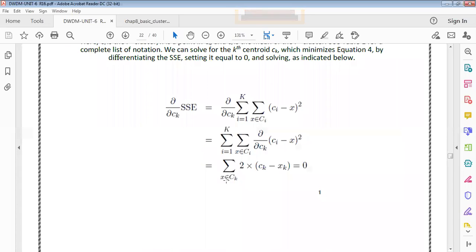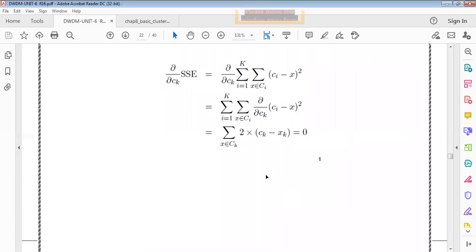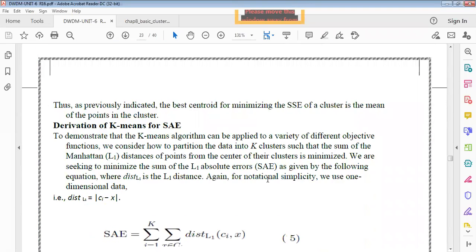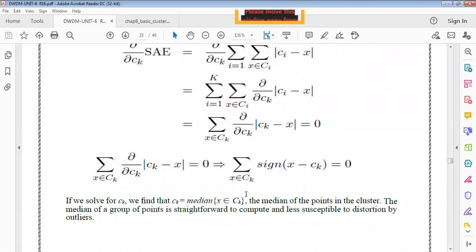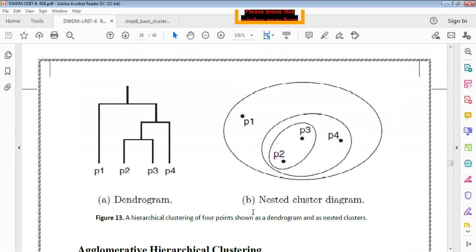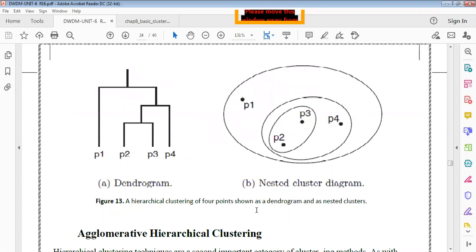See here, this is the sum of squared error. A dendrogram will be applied for this clustering algorithm.